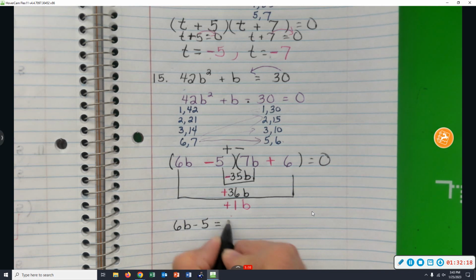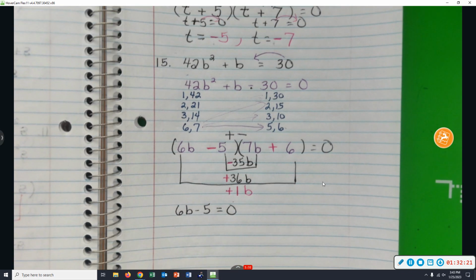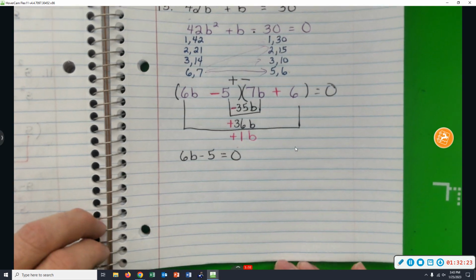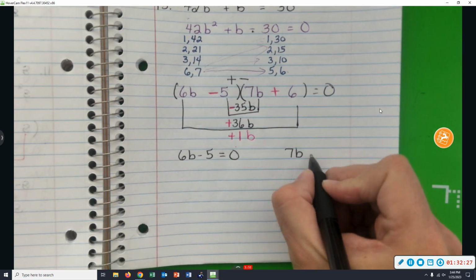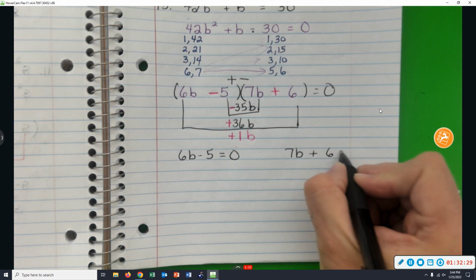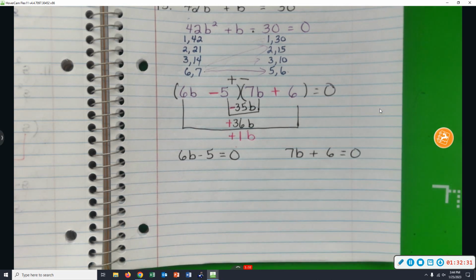How am I doing on space? Okay. And 7b. Okay, so I've got to isolate the b on that first one. 6b minus 5 equals 0.